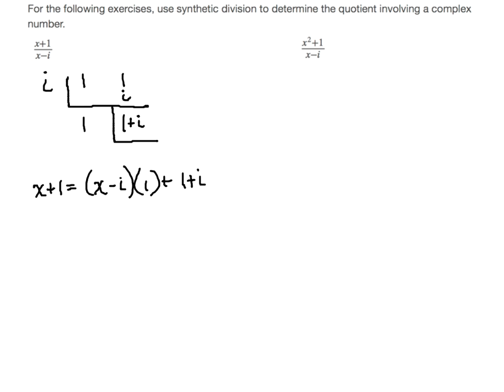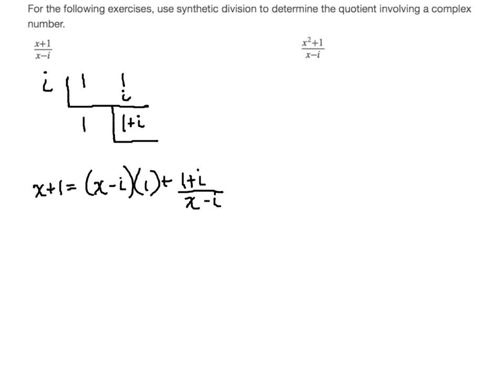And let me check that real quick and make sure I've written that correctly. Okay, so when you write this factored form out, you always put your remainder over your divisor, which in this case is x minus i.